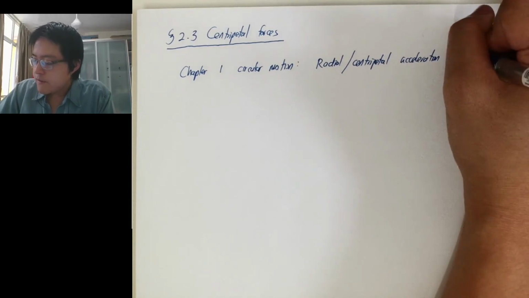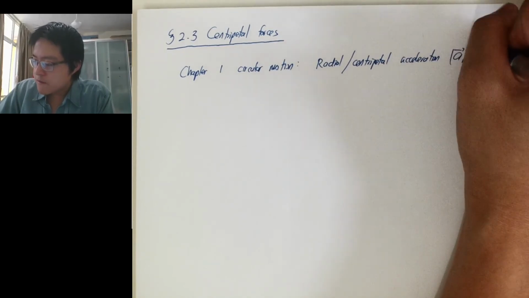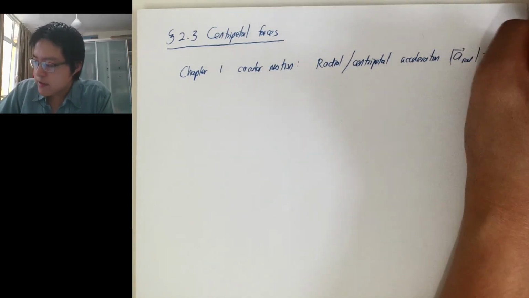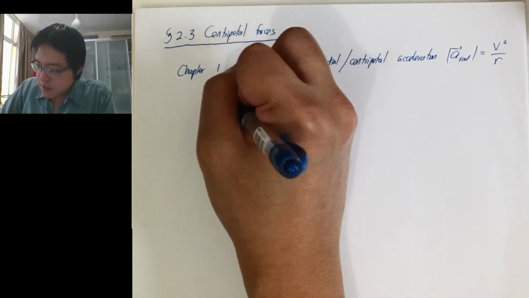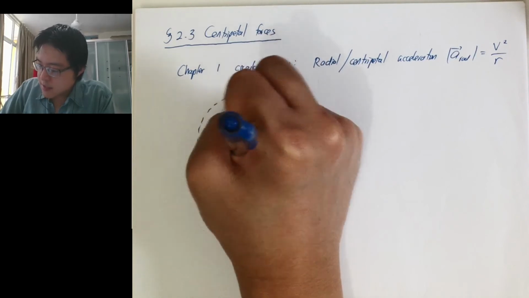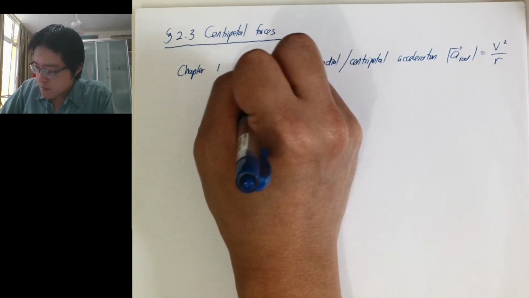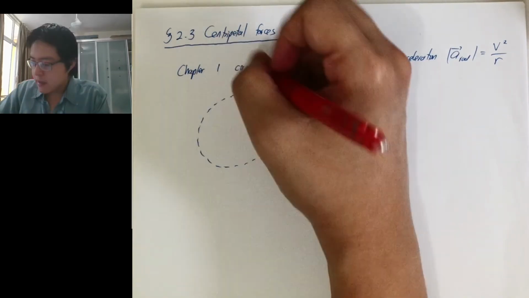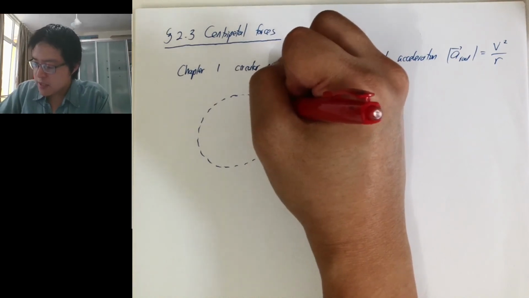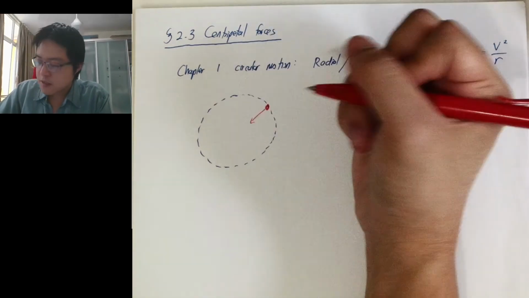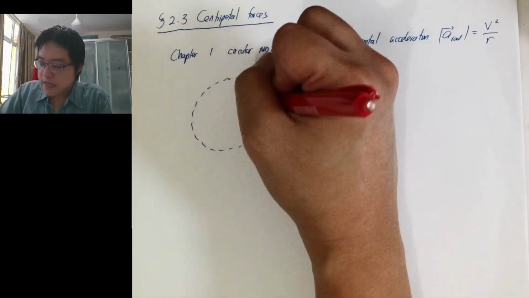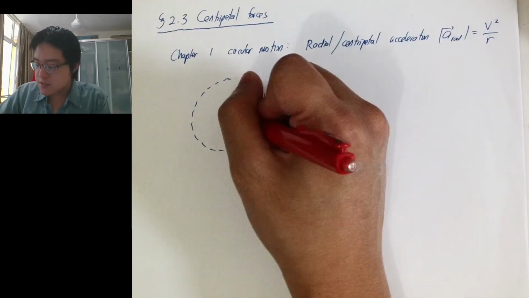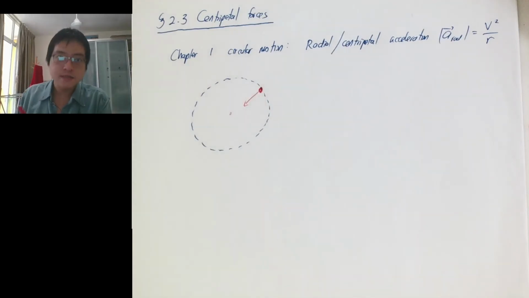We found the magnitude of this is just the speed squared divided by r. We were talking about a circular motion, so the object is moving in a circle. Let's say my object happens to be here, and I have shown you twice, once in the lecture and once in the tutorial, that the direction of acceleration is towards the center of the circle.